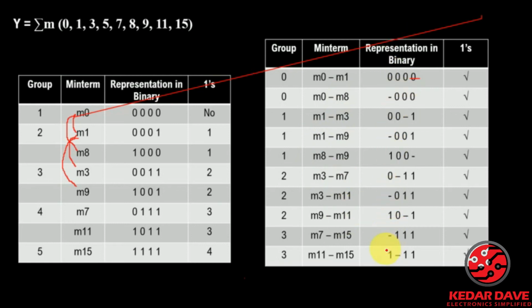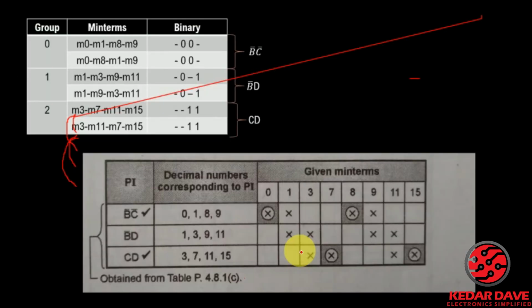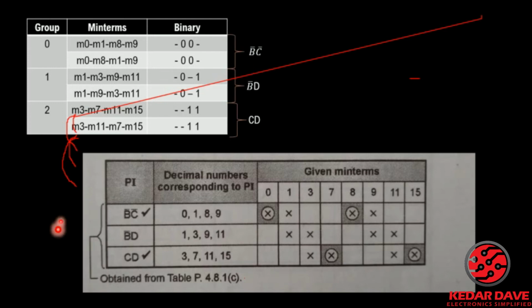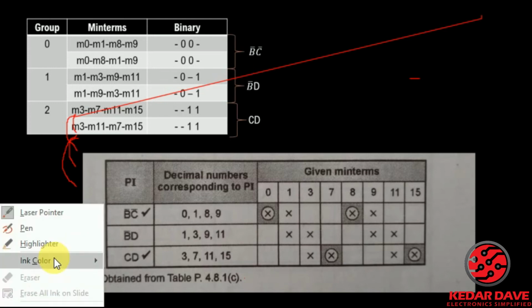We have mapped this, and we will keep repeating this until we get the terms where no further elimination is possible. This one is the particular term where no further elimination is possible up till now. This way it can be understood.